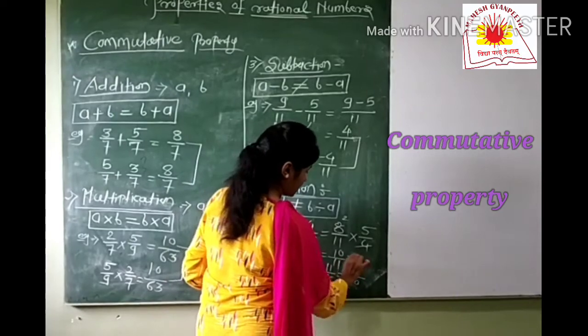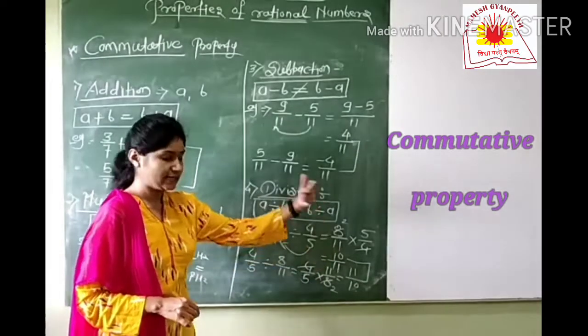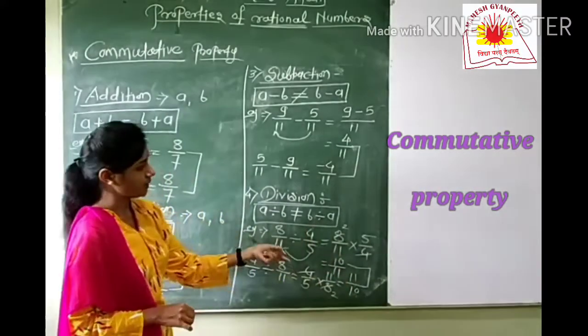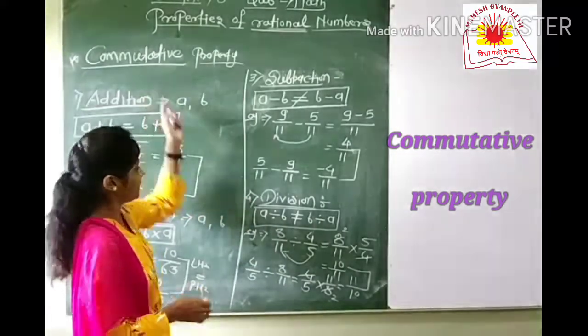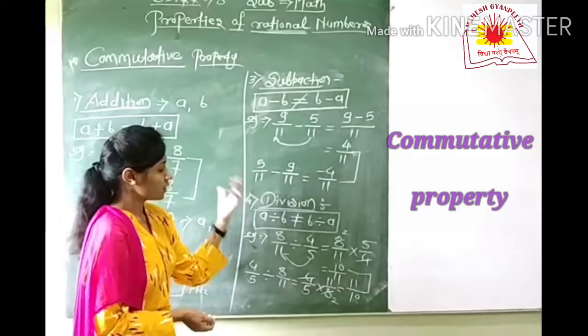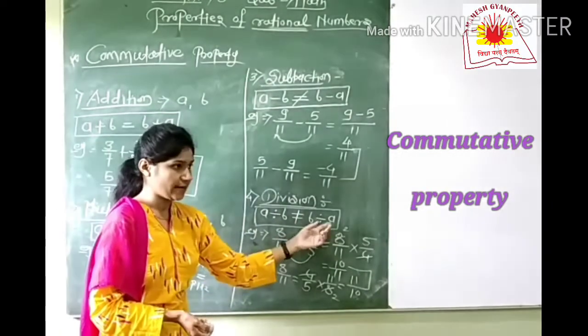Now observe this: the first answer is 10 upon 11 and the second is different. Is it applicable? No. This commutative property is not applicable to division. Commutative property of division: A divided by B is not equal to B divided by A.